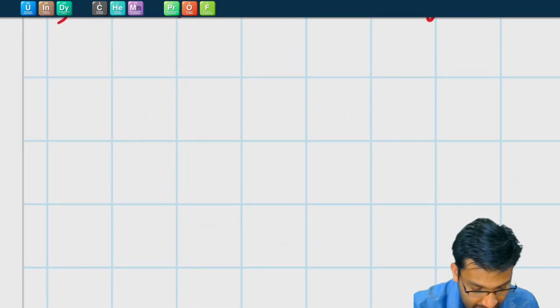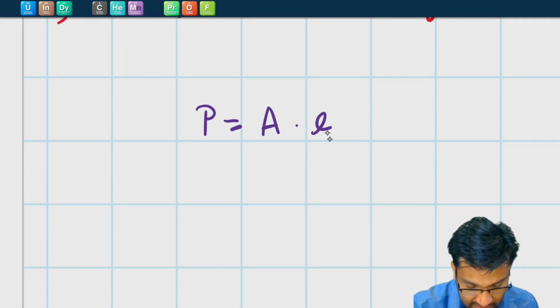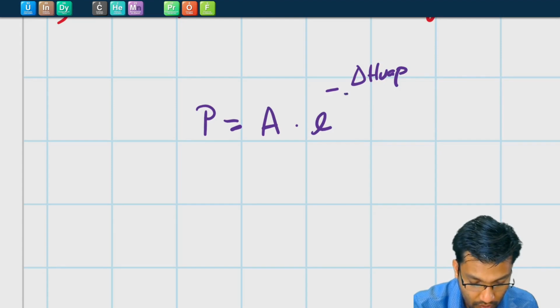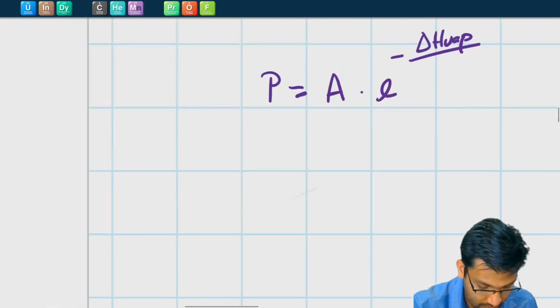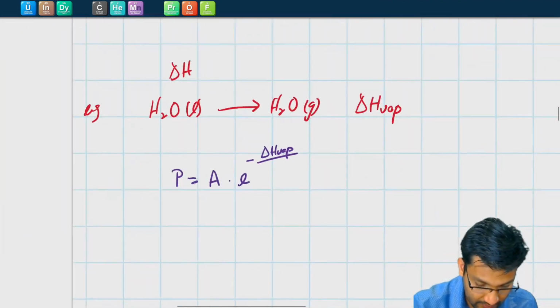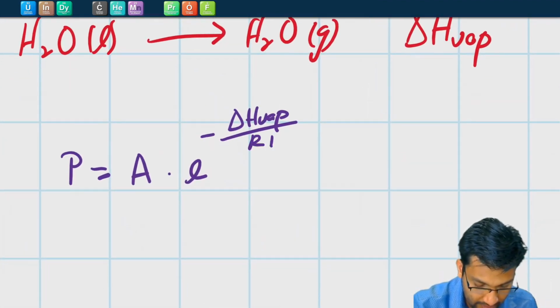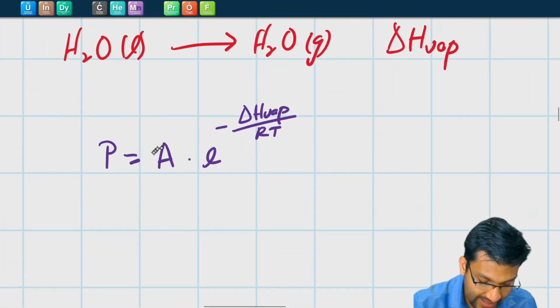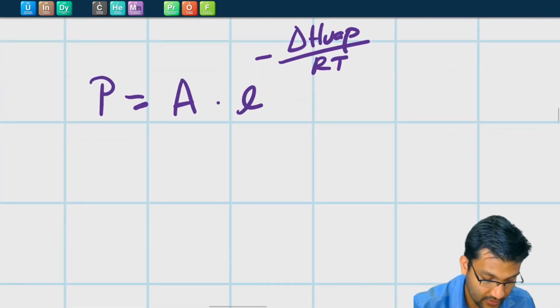So we know that the pressure is equal to this constant times an exponential of minus delta H of vaporization over R times T. Now we know that A is a constant, so let's put all of the constants to one side of the equation.